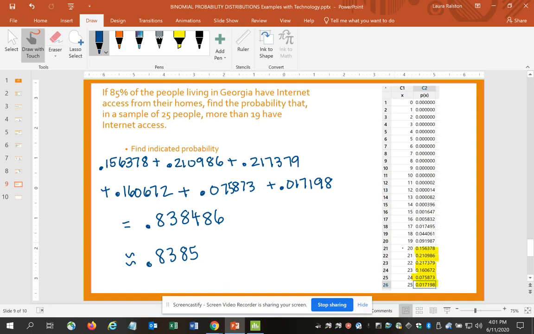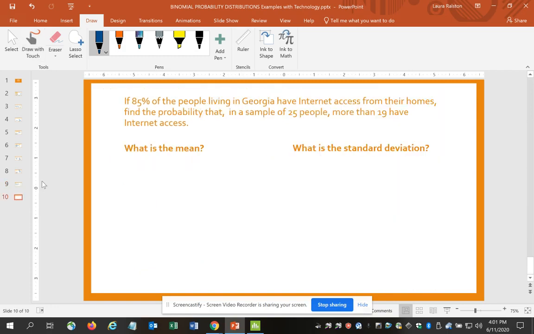Now, there are other ways to do this. You could do cumulative probabilities within Minitab, but to kind of keep it simple, it's just easy enough if you interpret it and add together the ones that you need to add together. And then finally, again, we can calculate the expected number of people, which is the mean.